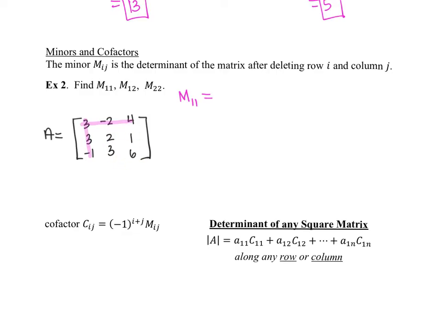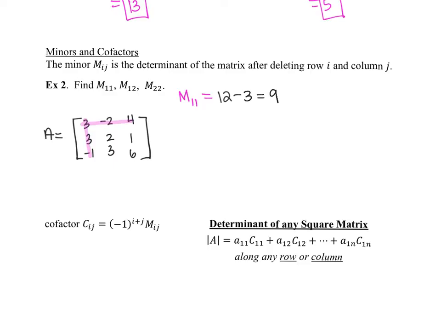And just like I did before, I can easily get the determinant by starting on the top left of this leftover matrix. So 2 times 6 is 12 minus, and then in the opposite direction, 1 times 3 is 3. So the minor 1, 1 is 9 because that's the determinant after I cross off row 1 and column 1.